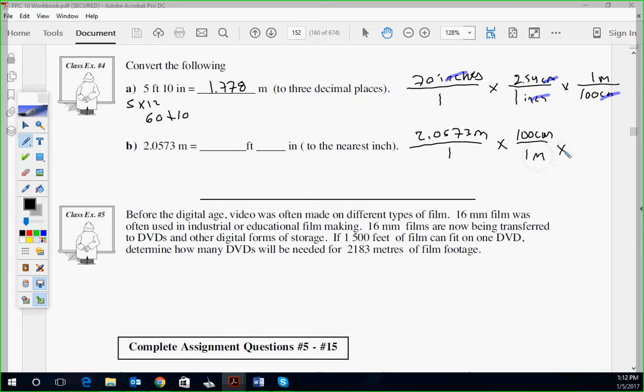And then 1 inch, 2.54 centimeters. Multiply across now because I got it lined up. Meters gone, centimeters gone. I'm left with inches. When you multiply that straight across, you're going to get 81 inches.